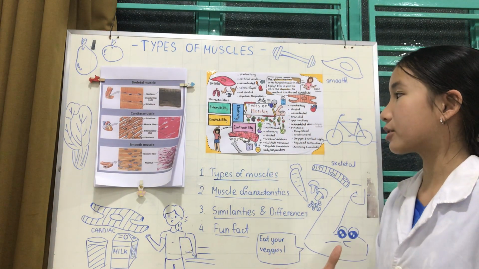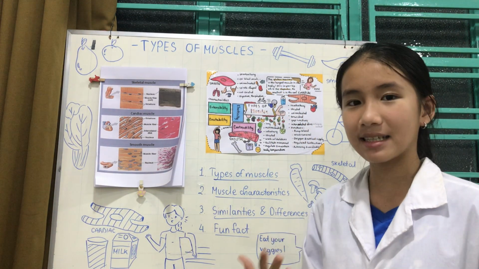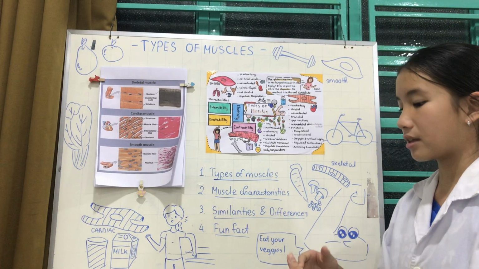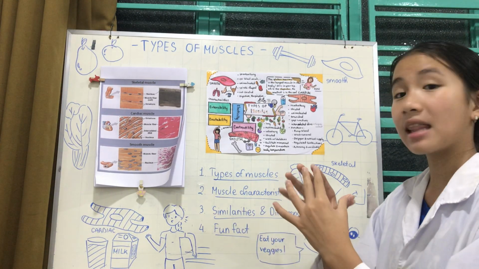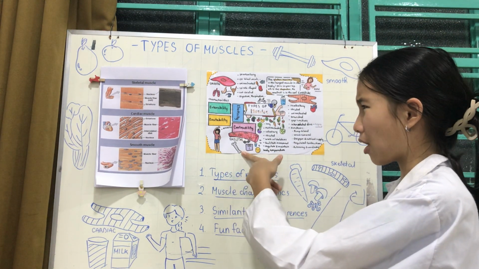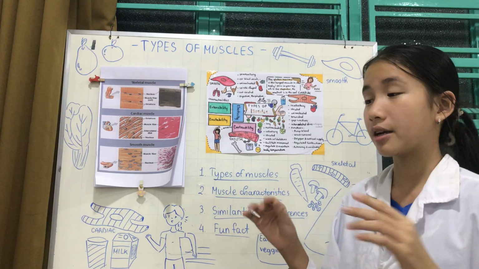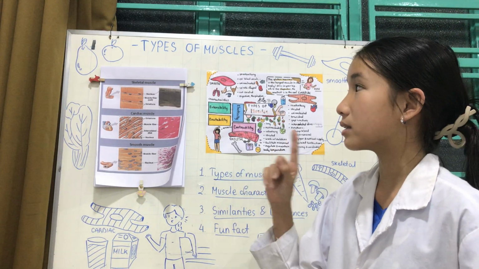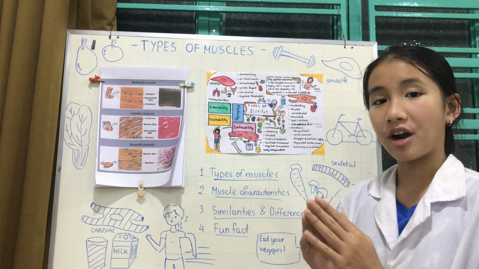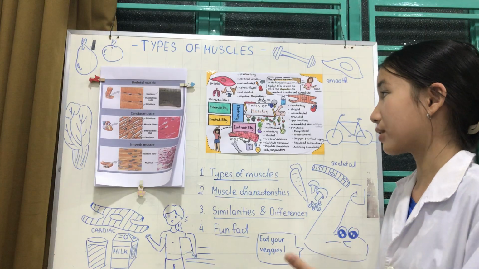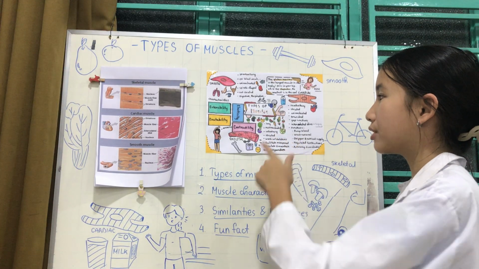Next is the skeletal muscle, and as its name suggests, it is from the skeletal system. So it lines the outer walls of the bone. It is long. It is multinucleated, which means that one skeletal muscle fiber has lots and lots of nuclei.